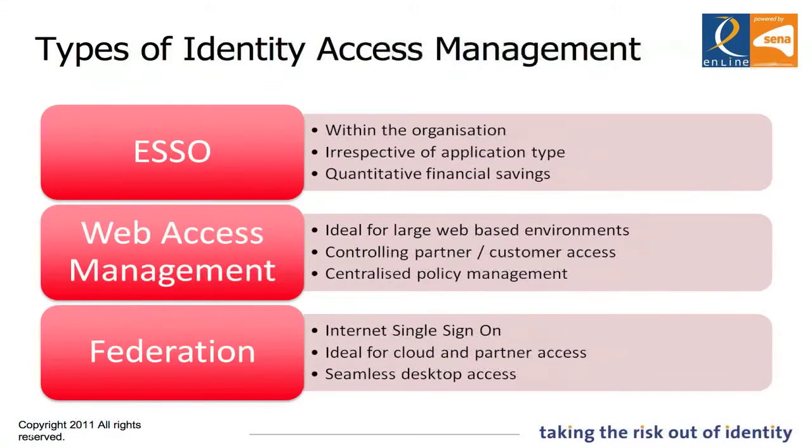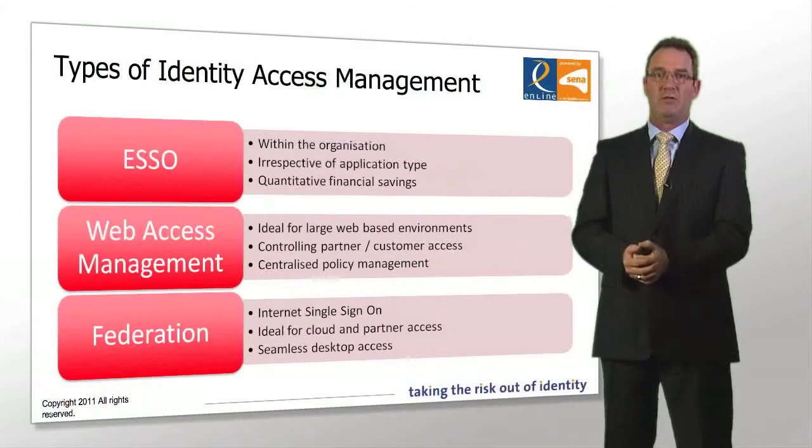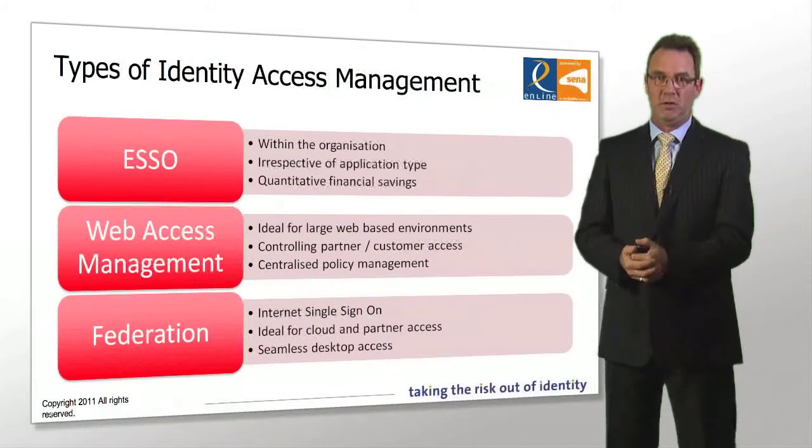If we then take web access management, it's ideal if you have a large estate of web-based applications internally. Some organisations deploy it internally, many organisations deploy externally. This could be for partner access, customer, citizen access, and also for you to go out and access their applications and the information that they want to make available to you.